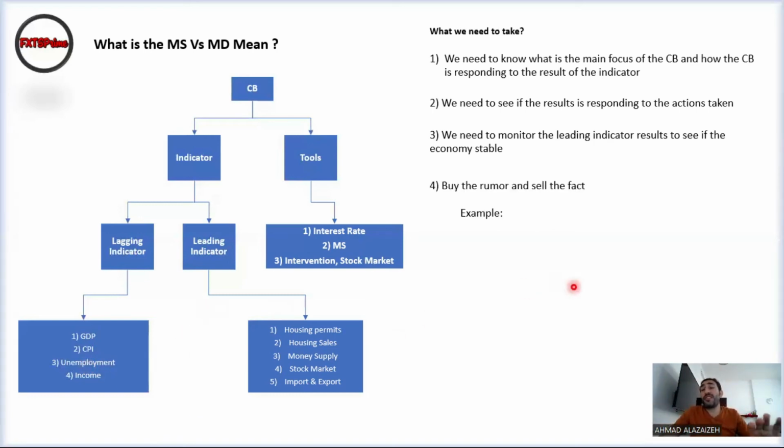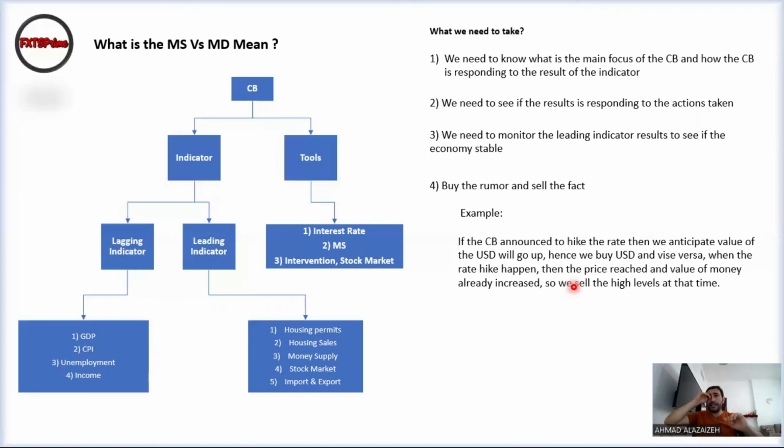So now I want to discuss the concept of buy the rumor and sell the fact. I have a small example here and I made it simple. Guess that the central bank today announced that it is going to raise the interest rate after 1 month. So we are now anticipating that the value of the US dollar will be increasing because the central bank is going to raise the interest rate in the future.